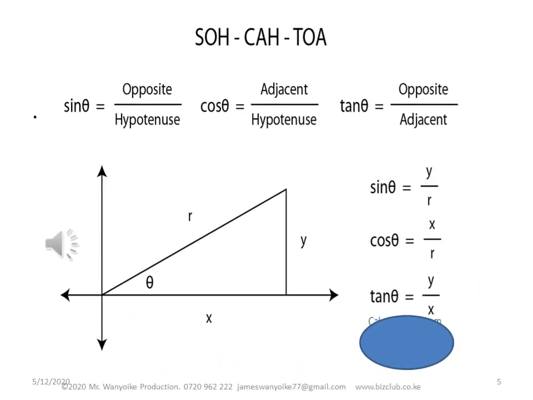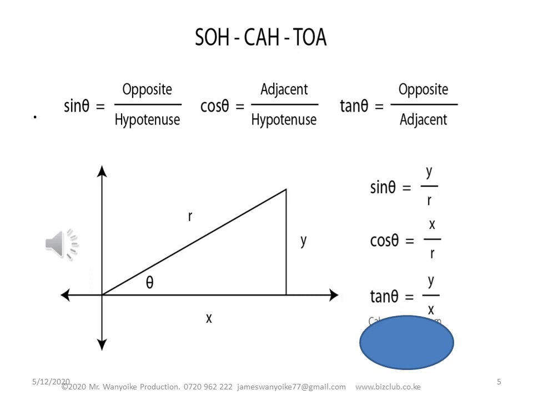SOHCAHTOA is a very useful acronym because it helps us to find out any missing side, as we said earlier, or any missing angle if we are given some of them. The way we use it is as shown in this example, where sine theta is indicated down there. Theta is formed by the side r, which is the hypotenuse, and the adjacent, which is x. And then the opposite of this triangle is y. In this case, sine theta will be equal to opposite over hypotenuse.